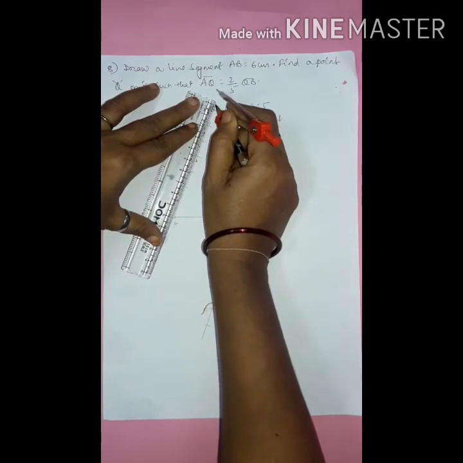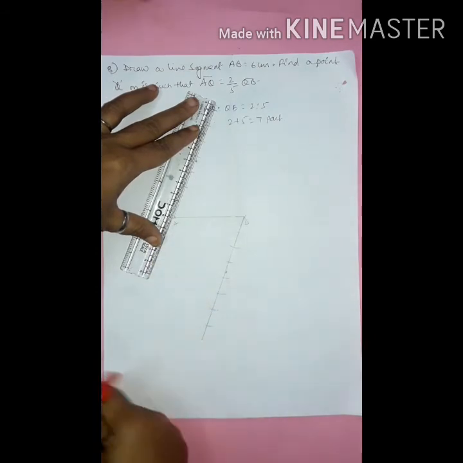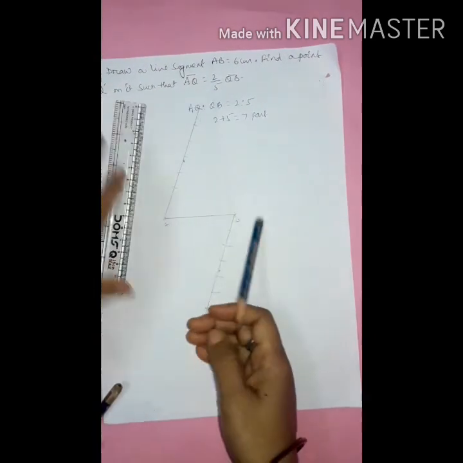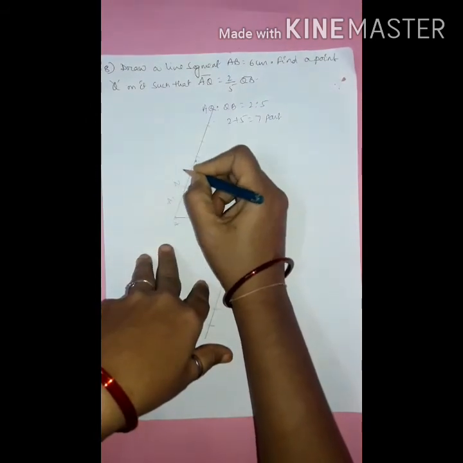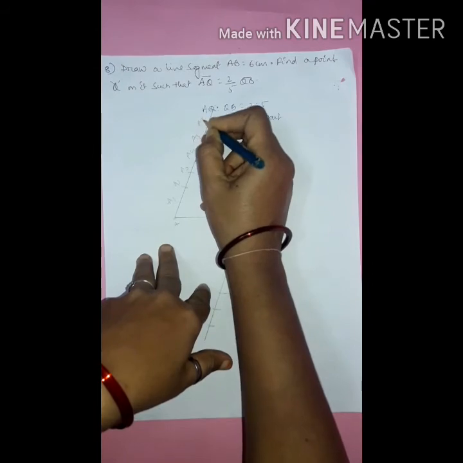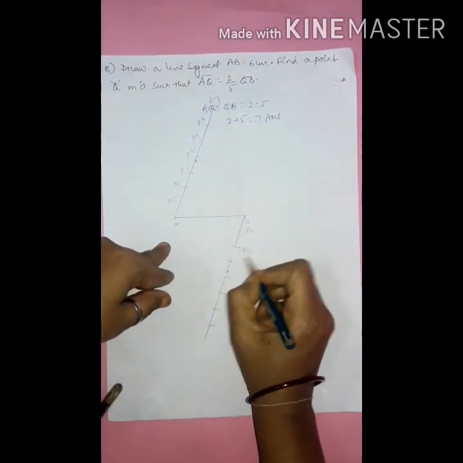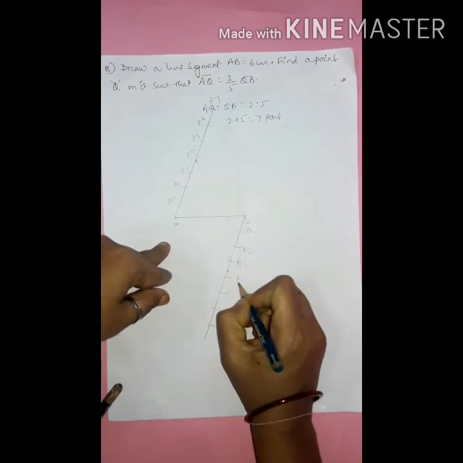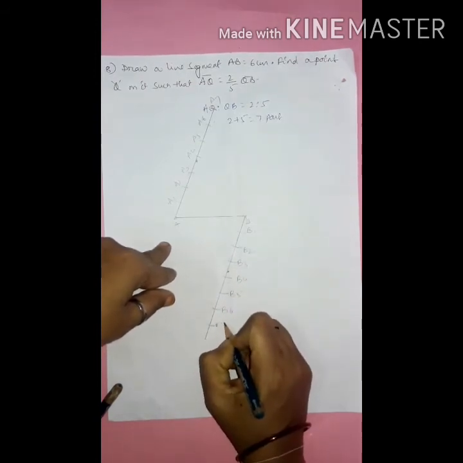Now join this one. Make this A1, A2, A3, A4, A5, A6 and A7. This is B1, B2, B3, B4, B5, B6, B7.